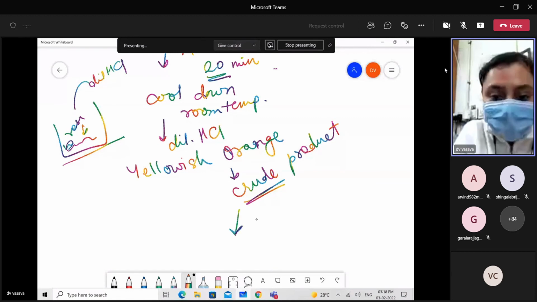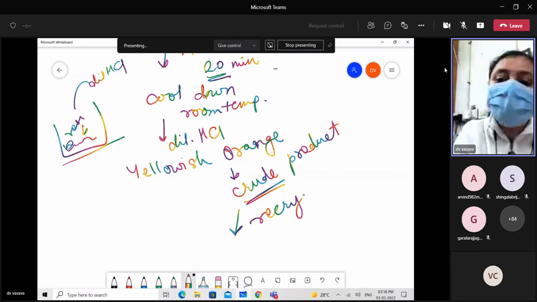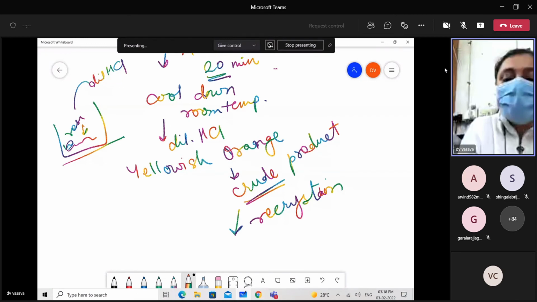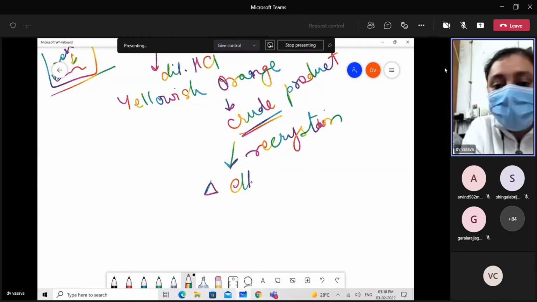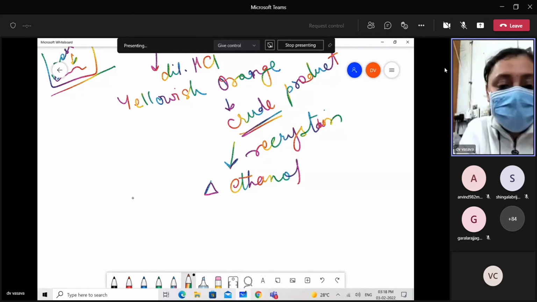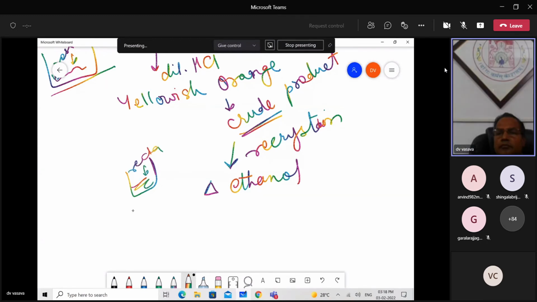So now we need to recrystallize it. Recrystallization is done so that we can get the pure product. We need to do the recrystallization with the help of boiling ethanol. So we can heat the ethanol and dissolve our resacetophenone product in it and let the ethanol dry away.